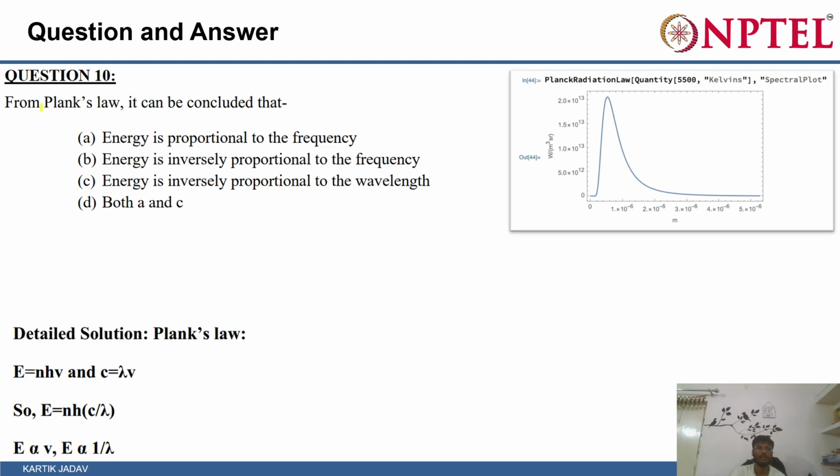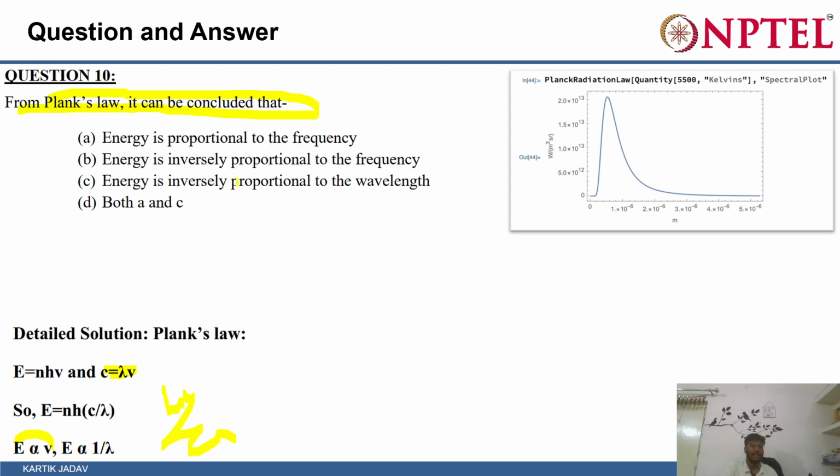Now, question number 10. From Planck's law, it can be concluded that... We know that according to Planck's law, E is equal to hν, and c is equal to λν. So E is equal to hc by λ. E is directly proportional to ν, and E is directly proportional to 1 over λ.